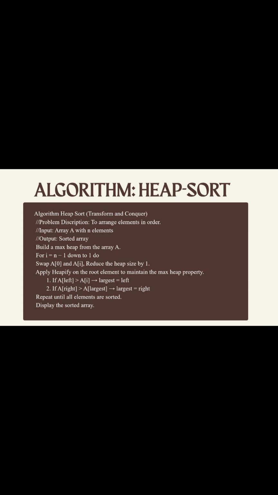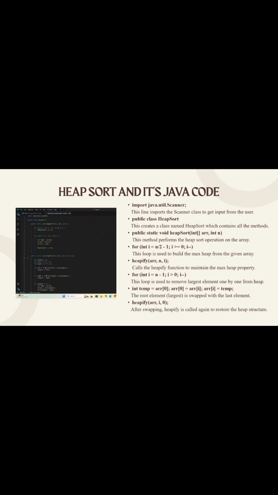Now we are going to see the Java implementation of heap sort. Import java.util.Scanner. This line imports the Scanner class to take input from the user. Public class HeapSort. This creates a class named HeapSort. Public static void heapSort. This method performs the heap sort operation on the array. This loop is used to build the max heap.